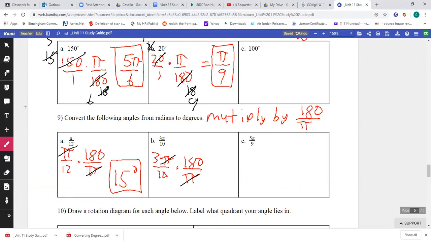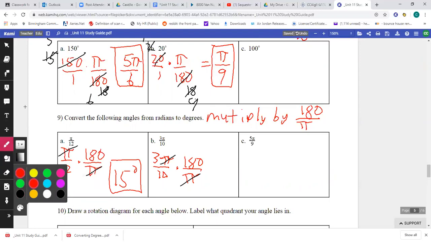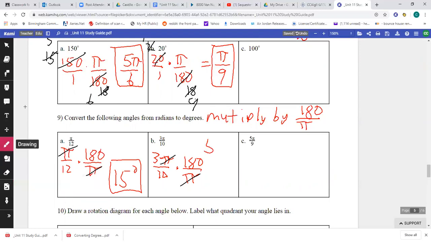And you should get that this is 54 degrees. Okay, so I'm going to skip C, and then we're going to go ahead and do number 10.